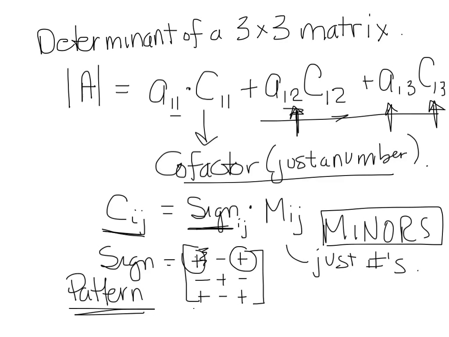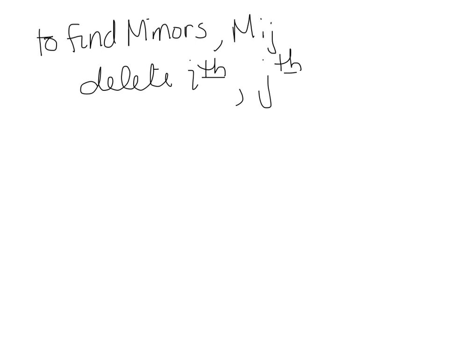Now we have to figure out how to find minors. To find a minor for a particular location, you delete that row and you delete that column. Remember, we always do rows, then columns.